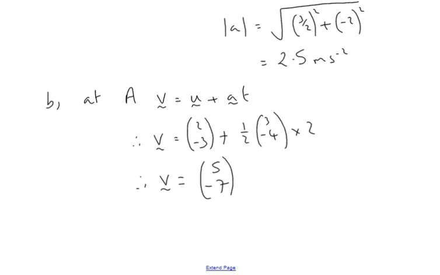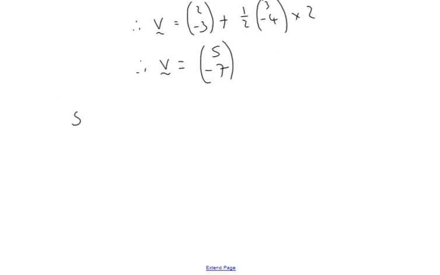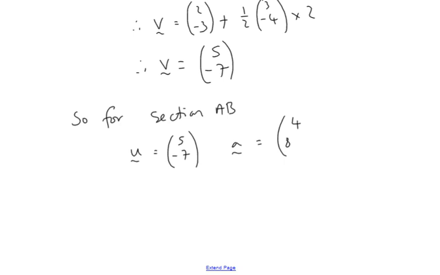So for section AB, our initial velocity is now (5, -7). The acceleration is (4, 8.8), as we're told.